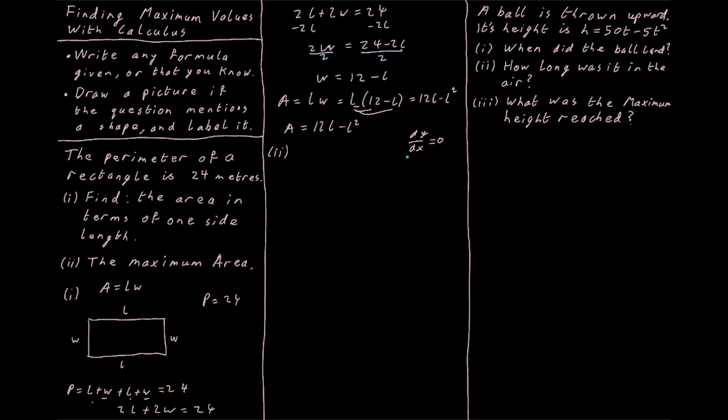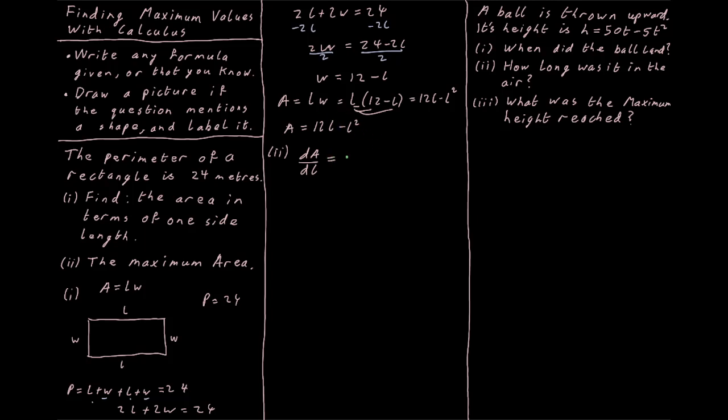But I'm not dealing with x and y here, I'm dealing with A and L. So instead of dy/dx equal to 0, I'm going to get dA/dL. A is where y would normally be, and L is where x would normally be. So I'm getting dA/dL, the derivative of A as L changes. So what would that be?